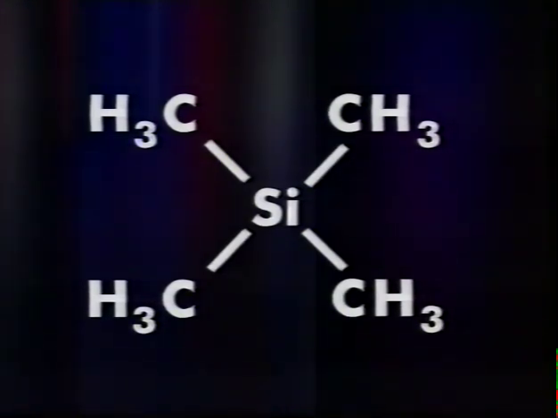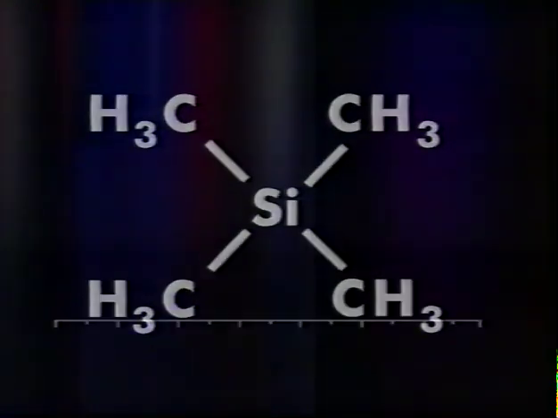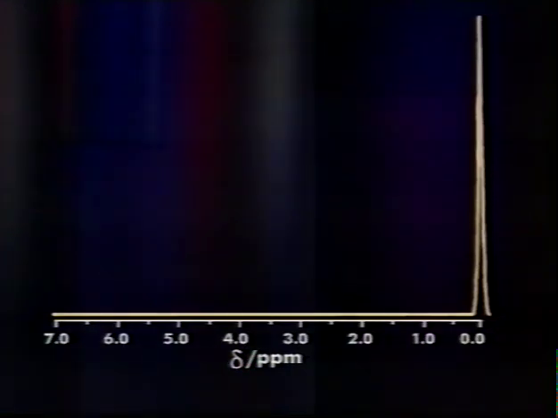It is also chemically inert, volatile, therefore easily removed, and has its own single intense resonance in a region well away from most protons in organic molecules. 0 on the delta scale falls at this reference peak.